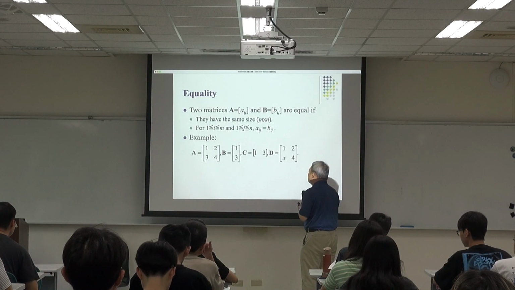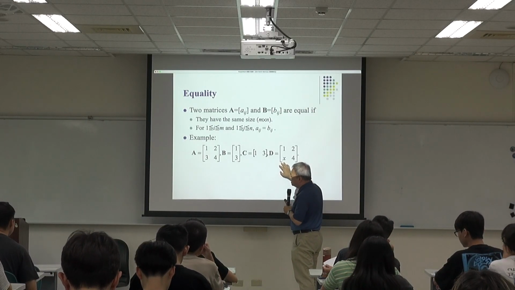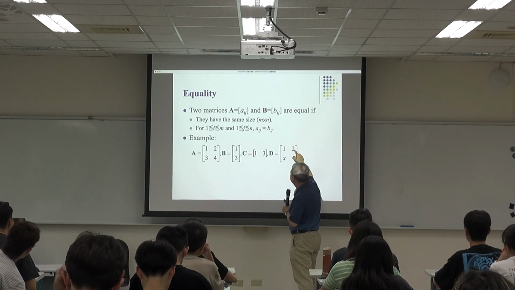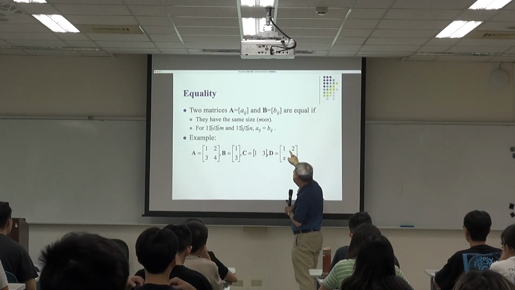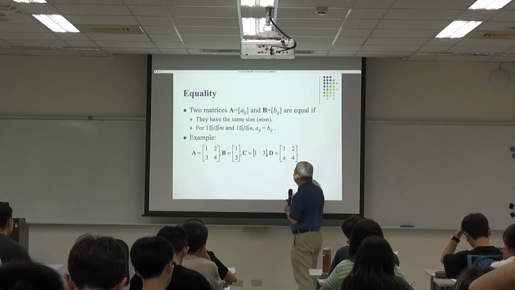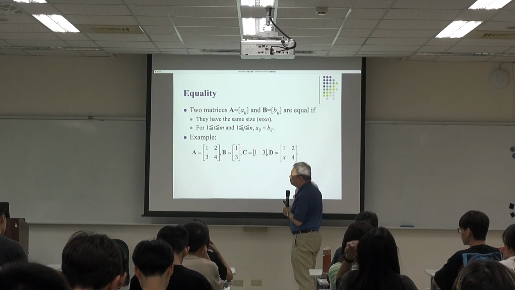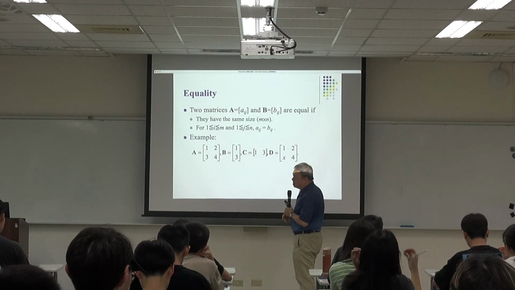But for A and D to be the same, because of the corresponding elements, the other 3 are good. So the only one is the x. So in order for A and D to be equal, x has to be 3.